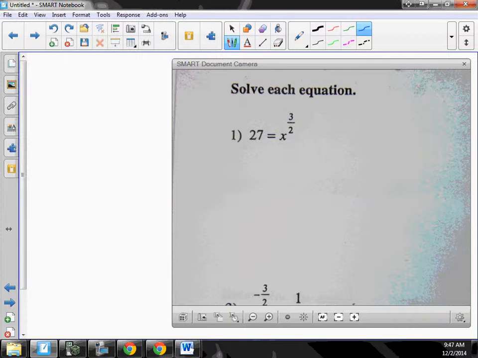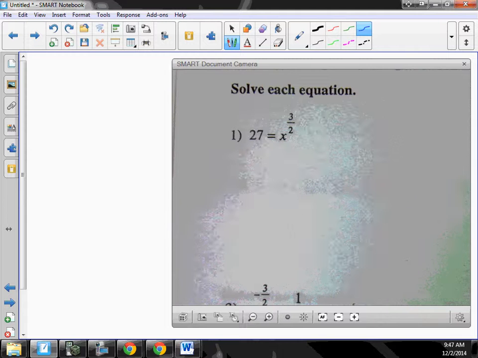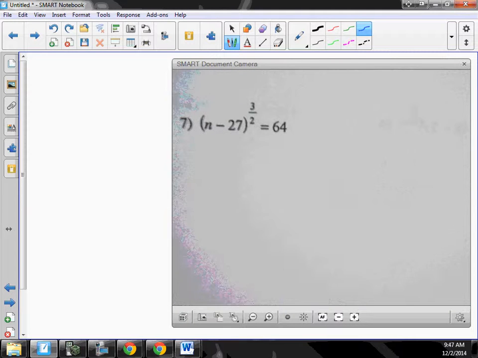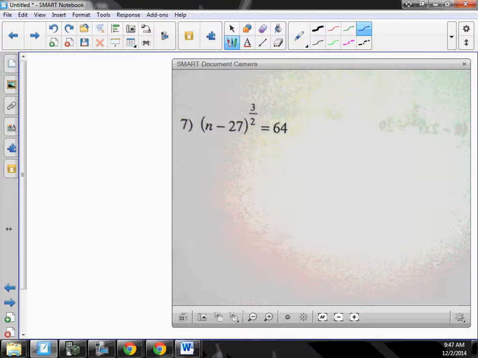So the rest of these just get a little bit harder, but they're still not bad. Look at number 7. So if I look at n and I follow order of operations, what happens to n first? Minus 27, then raised to the 3 halves. So I'm going to undo them in reverse order. How do I undo 3 halves?